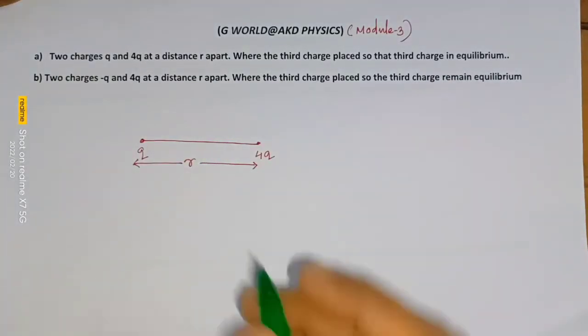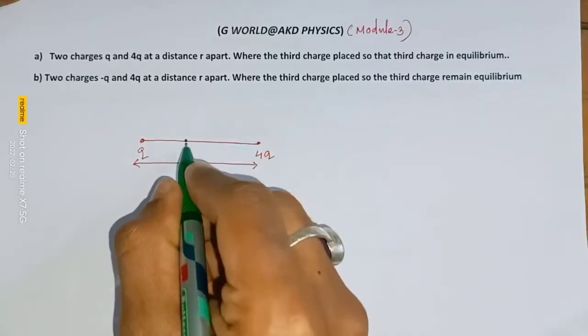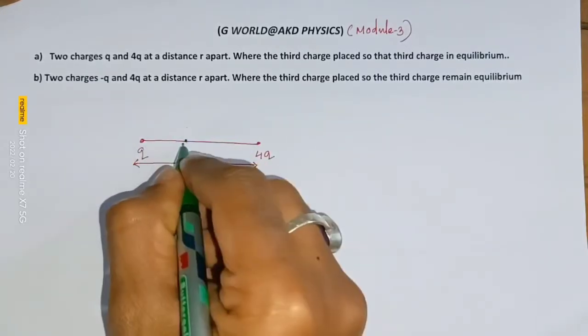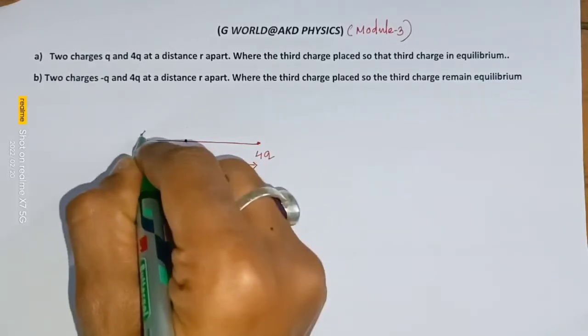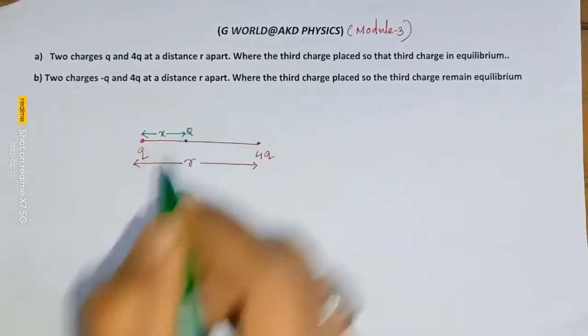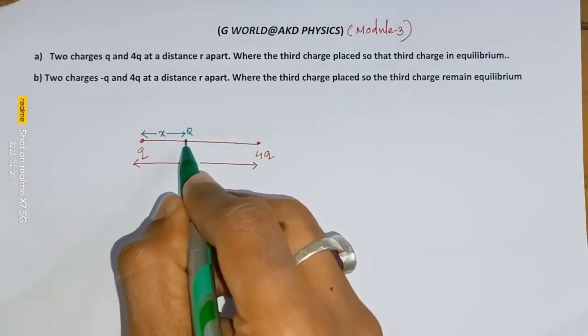I just consider any random point on this line and place a charge here. I don't know at what distance it will exist, so suppose this distance is x. I place a charge q and need to see at what distance this charge is in equilibrium.